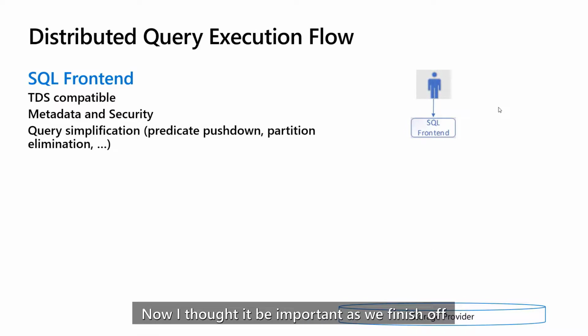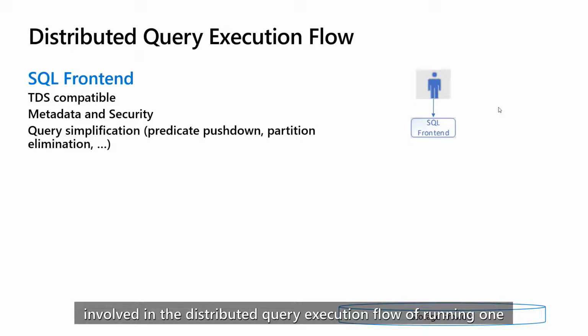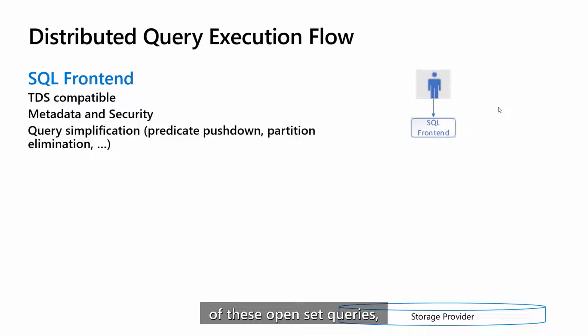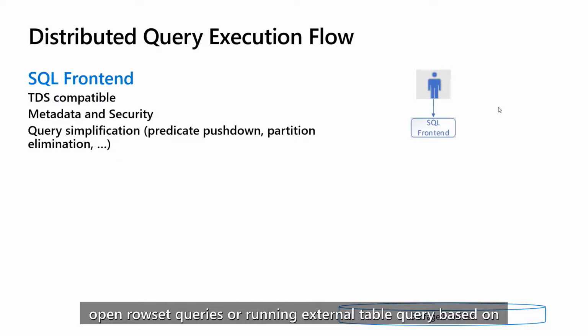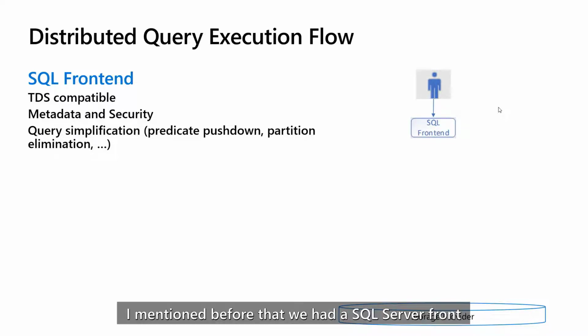Now, I thought it'd be important as we finish off looking at the architecture for you to get a feel about SQL Server and how it's more involved in the distributed query execution flow of running one of these OPENROWSET queries, or running an external table query based on OPENROWSET. So I mentioned before that we had a SQL Server front end that's TDS compatible. What does that mean?